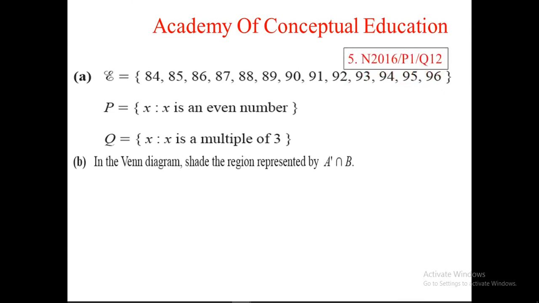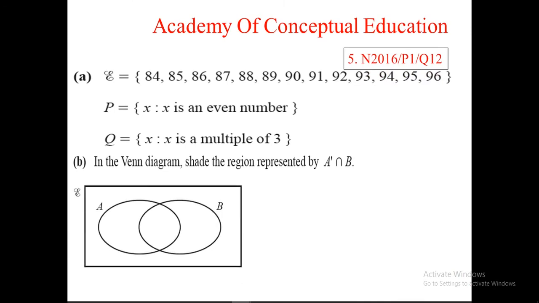Now it is the same question in the next part. In part B, we have to draw a Venn diagram and shade the region represented by A complement intersection B. First of all, we have to see which portion will be the A complement.